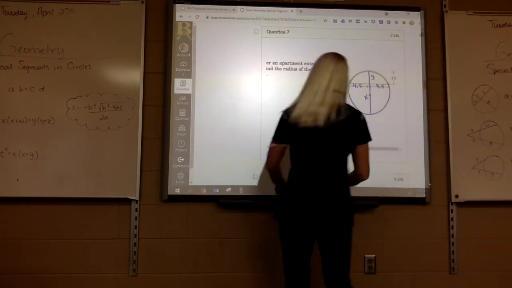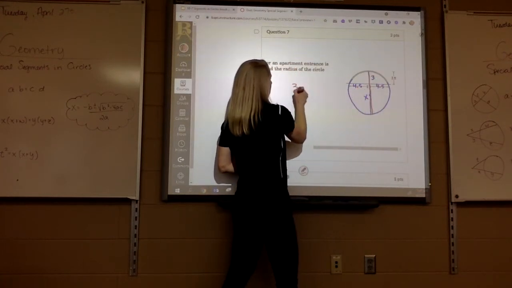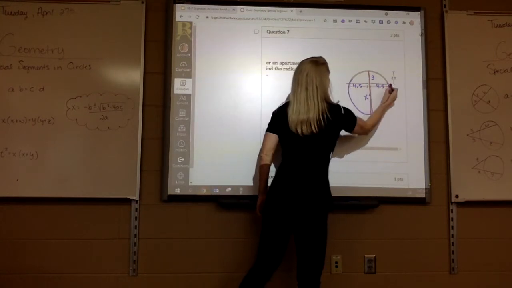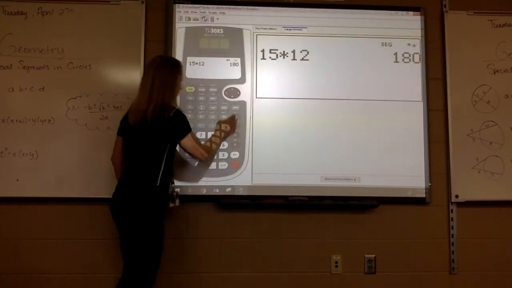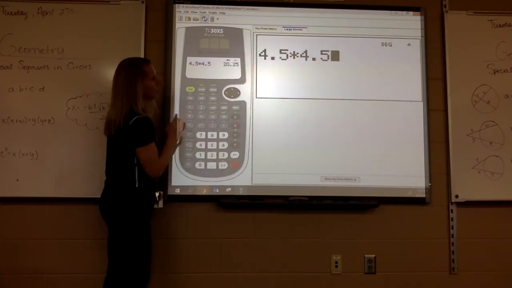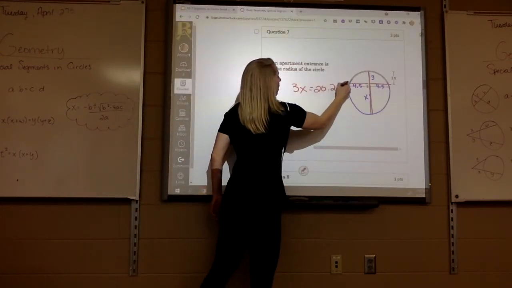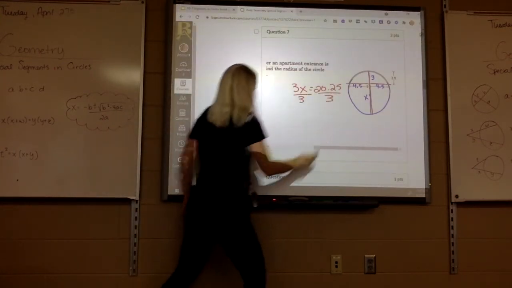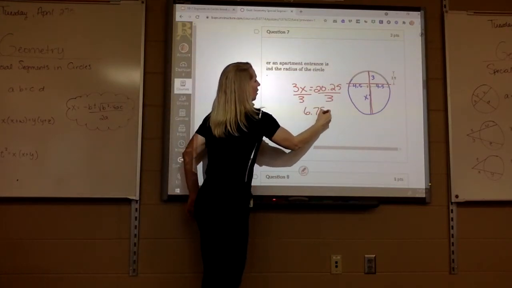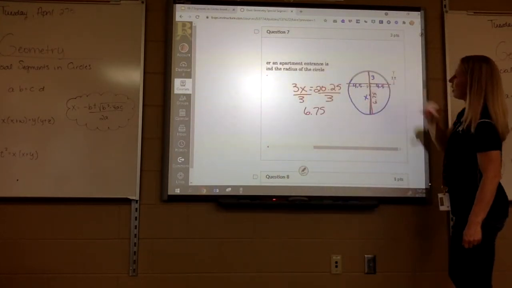So stay along the same chord. 3 times x is 3x. 4.5 times 4.5, I don't know what that is. 20.25. Divide by 3. 6.75. Okay, so x, this length right here, would be 6.75.